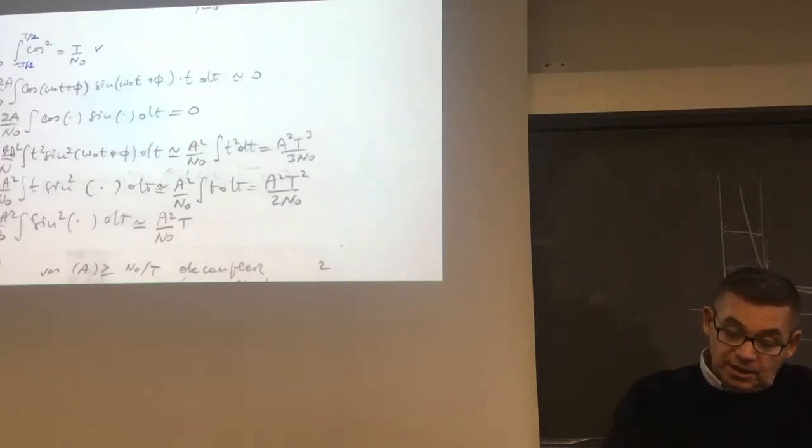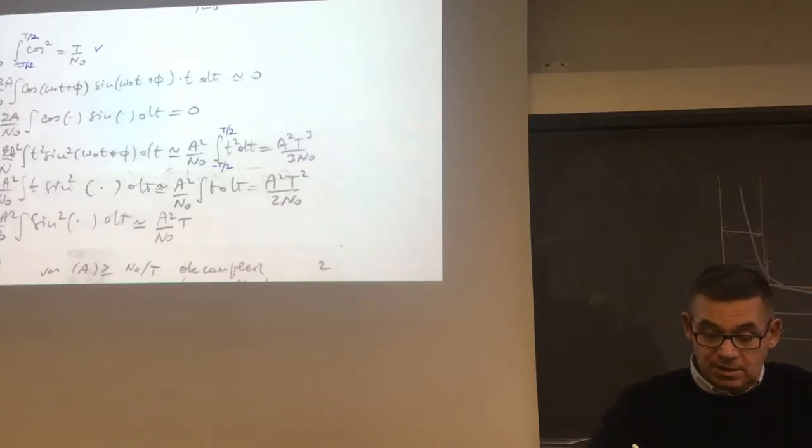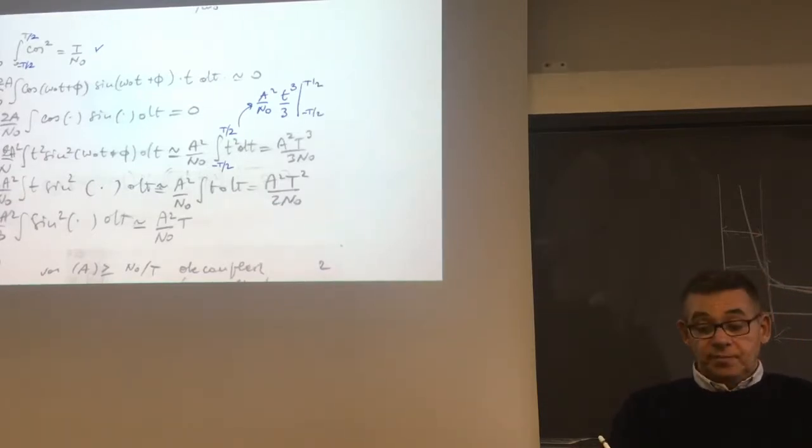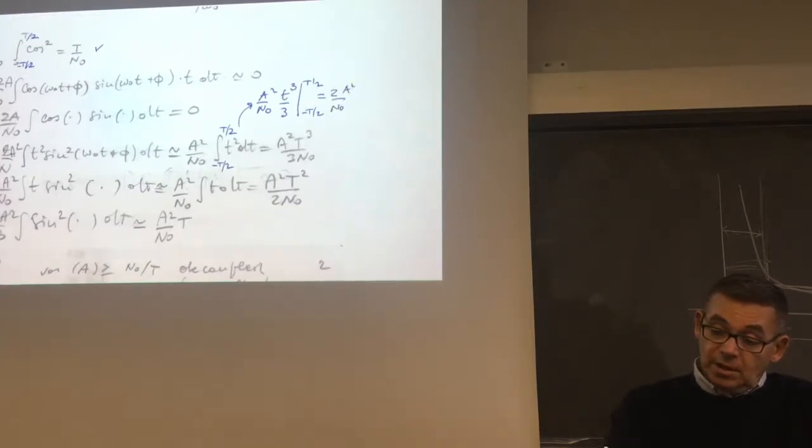Now, if I take the integral between minus T half and T half, then this integral should be computed as A squared divided by N0, and then it is T cubed divided by 3, evaluated for minus T half and T half, which is 2 times A squared divided by 3 N0, and then it is T cubed divided by 2 to the power 3.